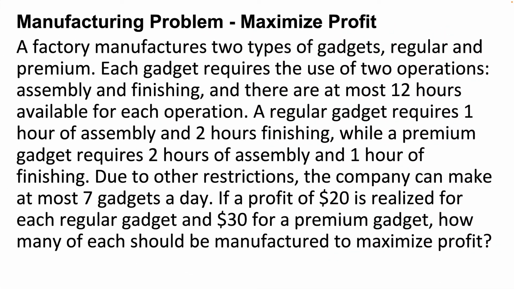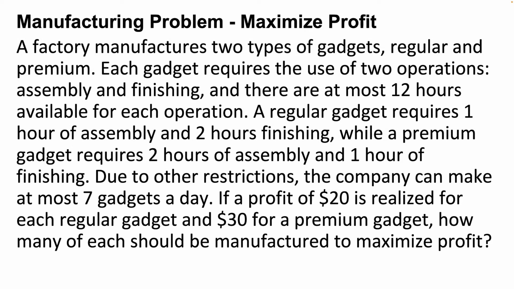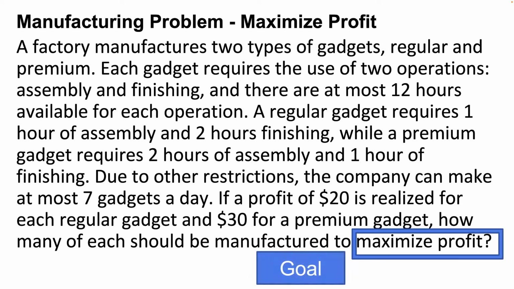To find our objective, in this problem, we need to focus on that last sentence. At the very bottom, we can see that we are asked to maximize profit. This is our goal. This is going to be our objective in this linear programming problem. But we also need to determine what the profit for this company depends on.